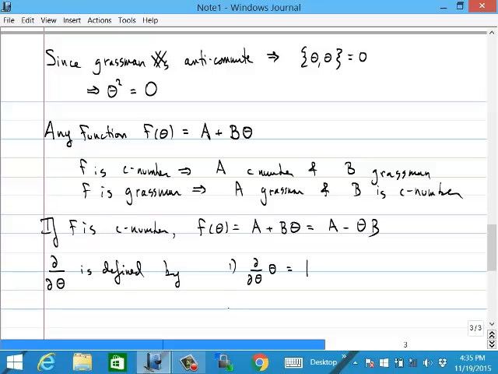And the second property is that since theta is a Grassmann variable, and d by d theta is something that removes a Grassmann variable, d by d theta has to be viewed as a Grassmann number as well. You can even see that from this equation. 1 is a C number, theta is a Grassmann number, so d by d theta should be viewed as a Grassmann number as well.